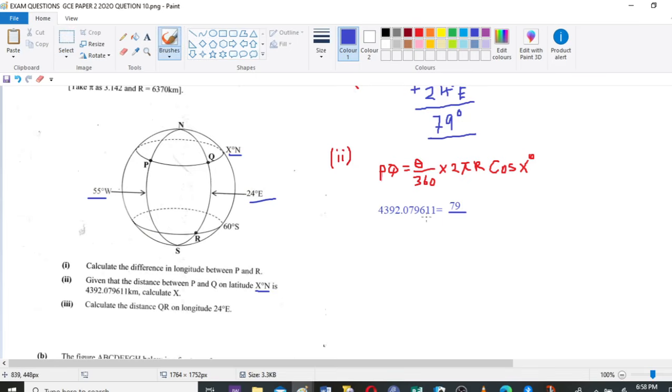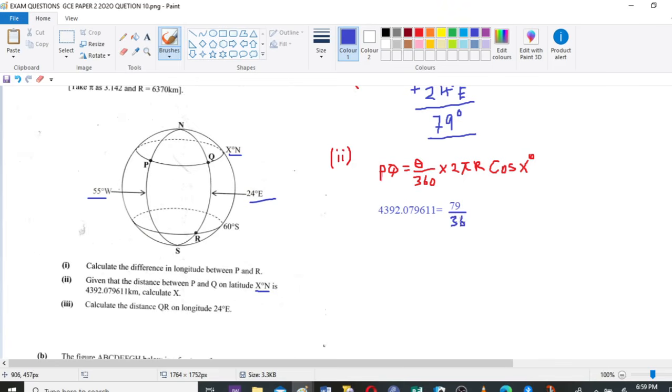Now the theta is what we have calculated, which is 79. Now we just have to replace the remaining parts.